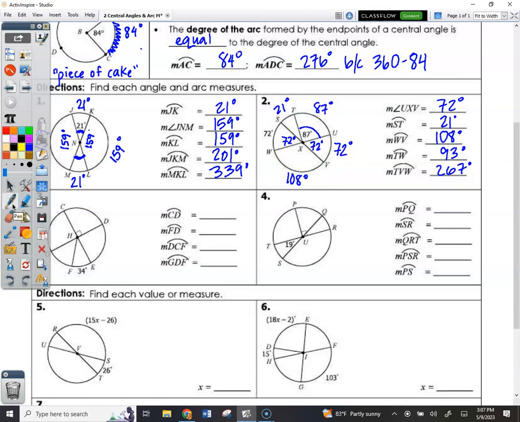Alright. Number 3 is looking to see if you remember what the little rectangle or square notation means. It means 90. It's also teaching you that sometimes you might have a pair of vertical angles where one of them has actually been split up. And here's what I mean by that.